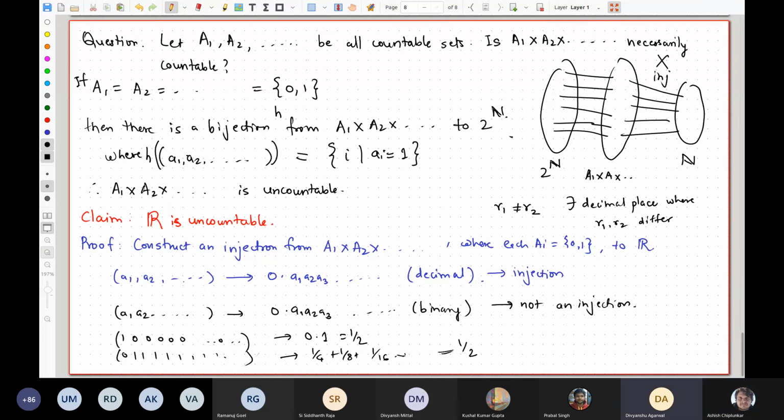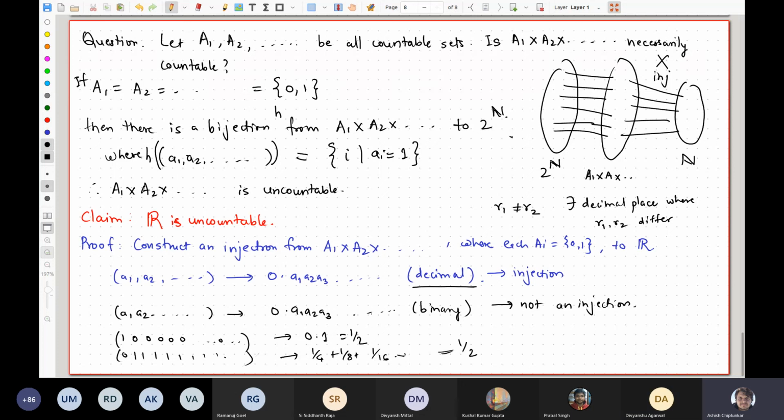But then still we would say that they're mapping to the same number. Still we are saying it's an injection. Oh, so you are saying that two sequences map to the same number. But that's why we are taking them to be decimal, no? In decimal, a rational number with a finite number of decimal places can have another form where you decrement the last decimal place and then append infinitely many nines.